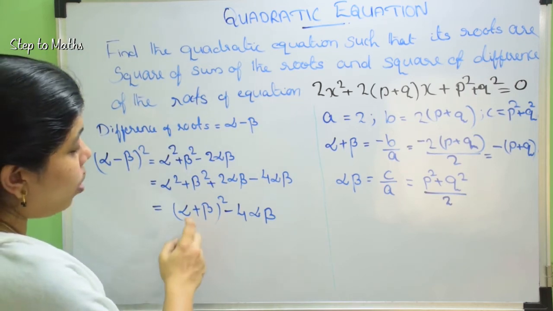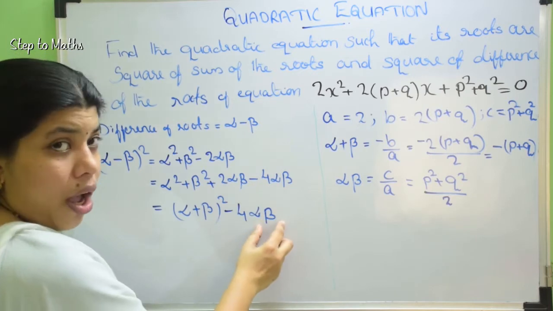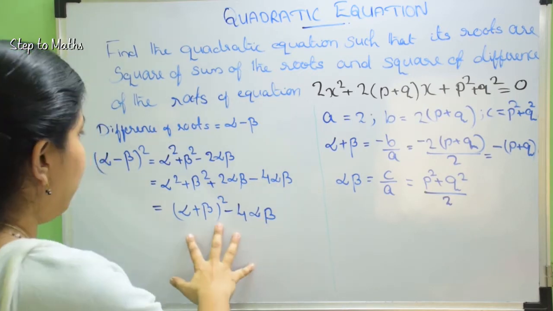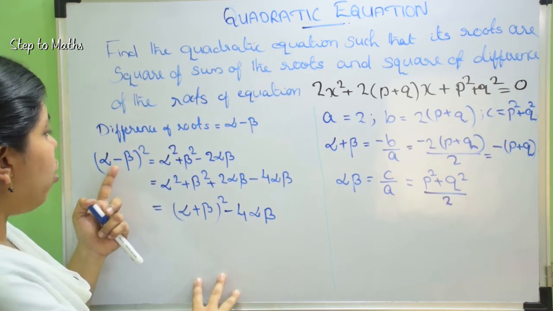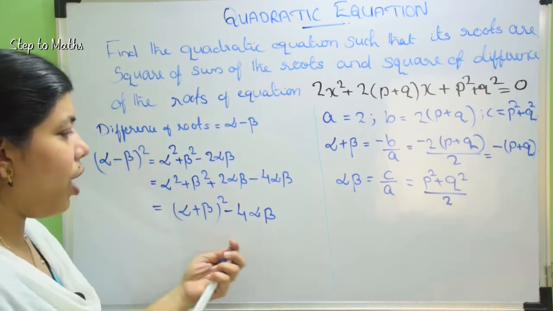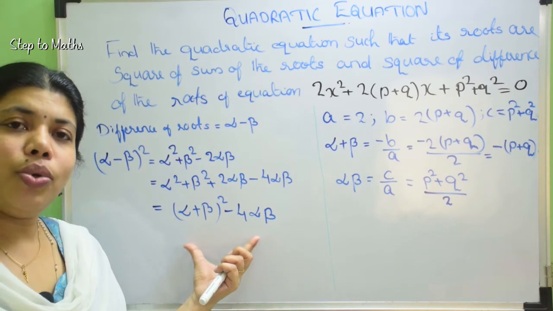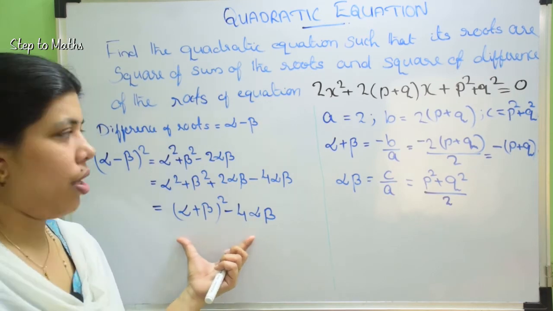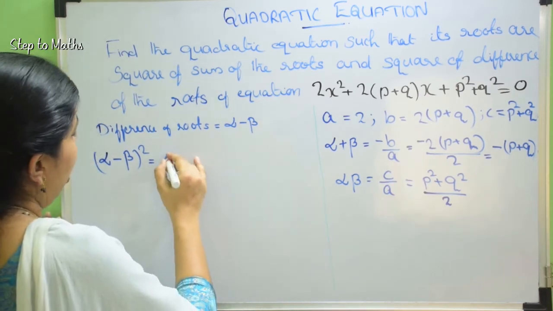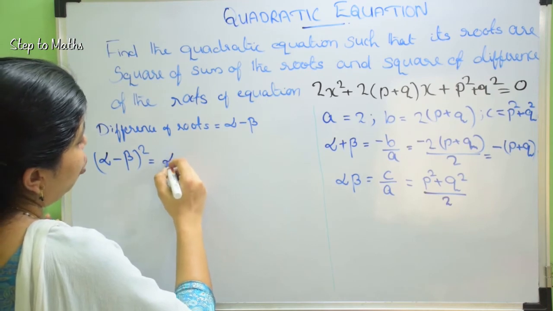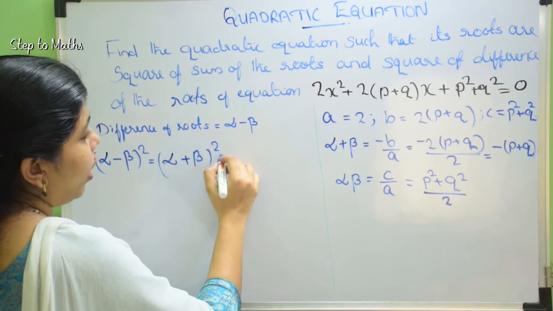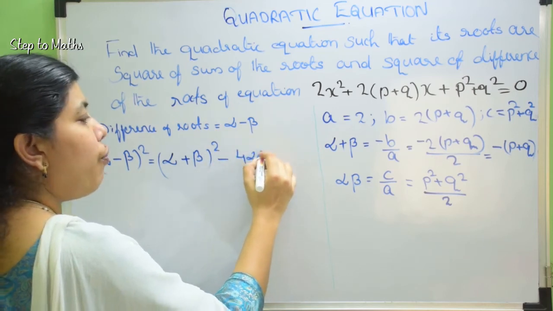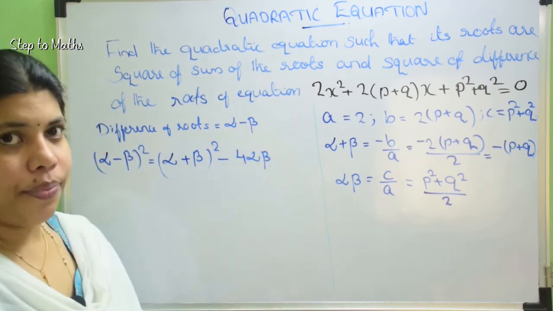We have these values, alpha plus beta and alpha beta. So, to find the value of alpha minus beta whole square, we can use this relation: alpha minus beta whole square is equal to alpha plus beta whole square minus 4 alpha beta.